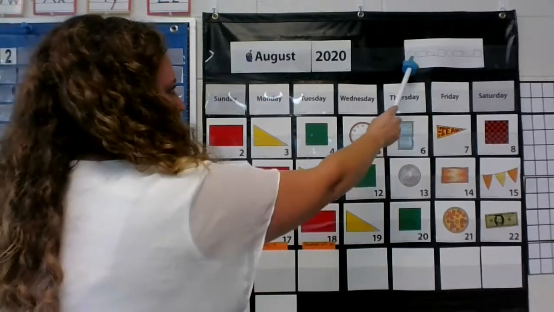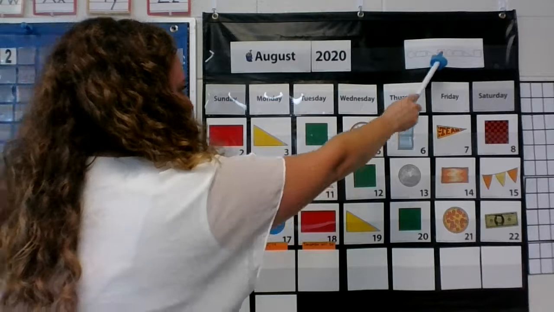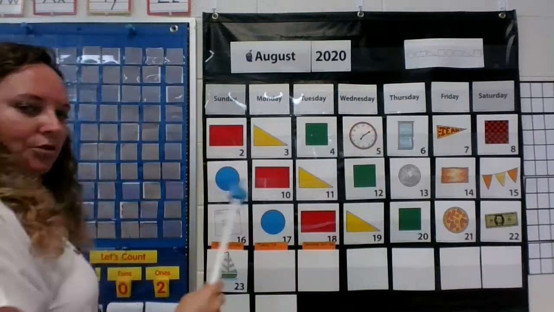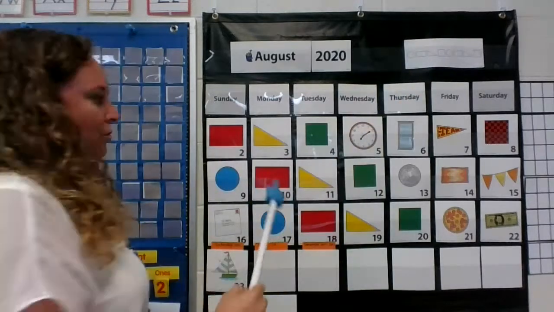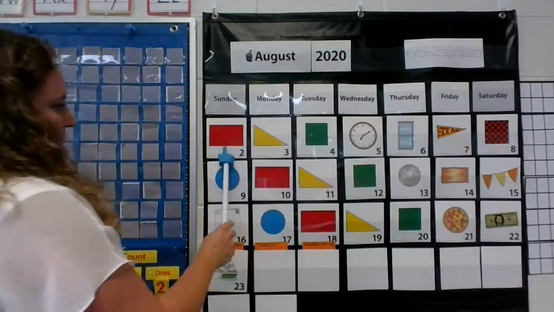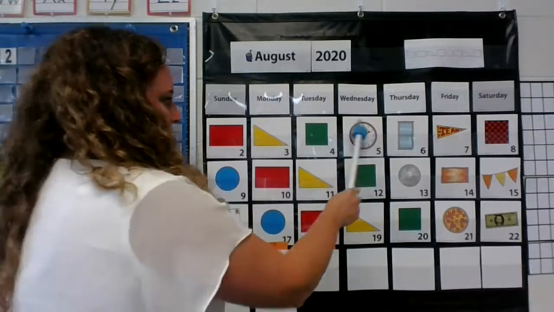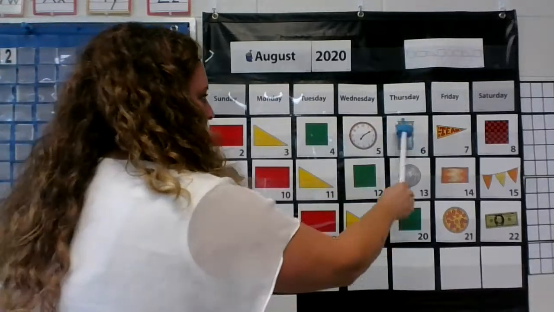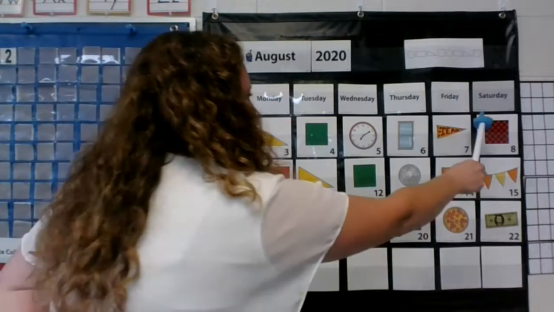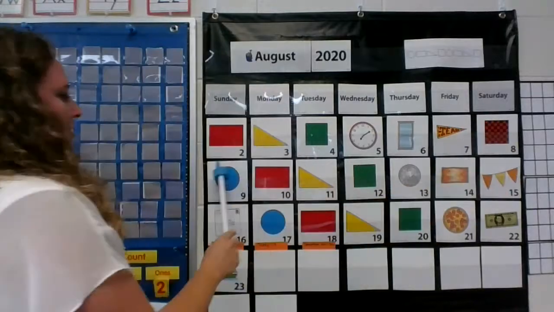You can see it follows that: circle, rectangle, triangle, square. So it's just going to keep repeating. Say the pattern with me: circle, rectangle, triangle, square. Circle, rectangle, triangle, square.